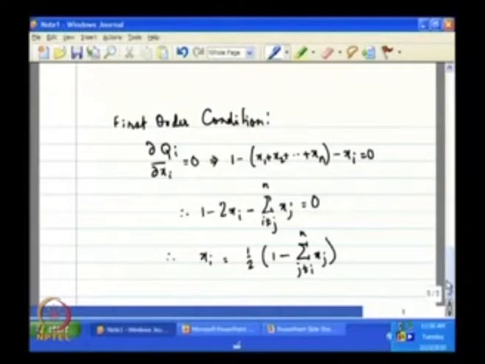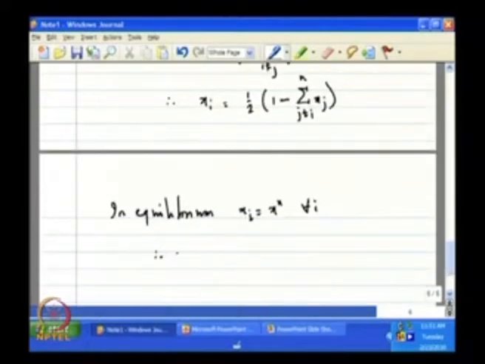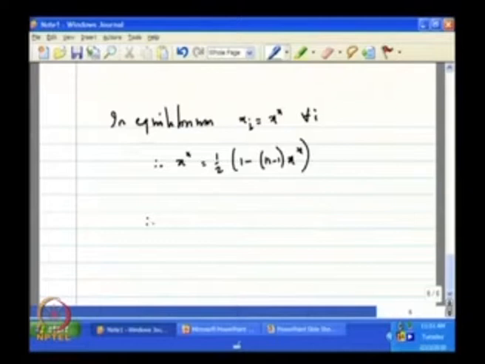this. Now, what we know is that in equilibrium, for all i, x star, all these n minus 1 x stars will have to be added up, which means that there are n minus 1 x star, and if I take this to the left hand side, 1 plus n minus 1 divided by 2.